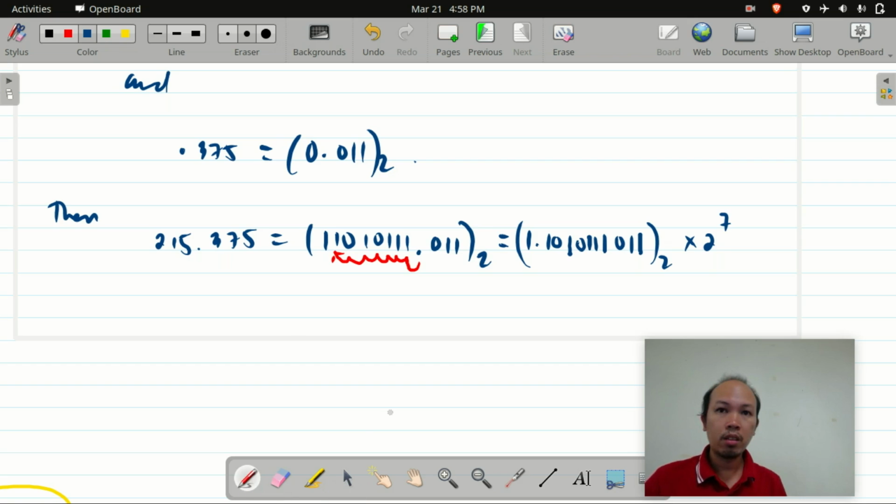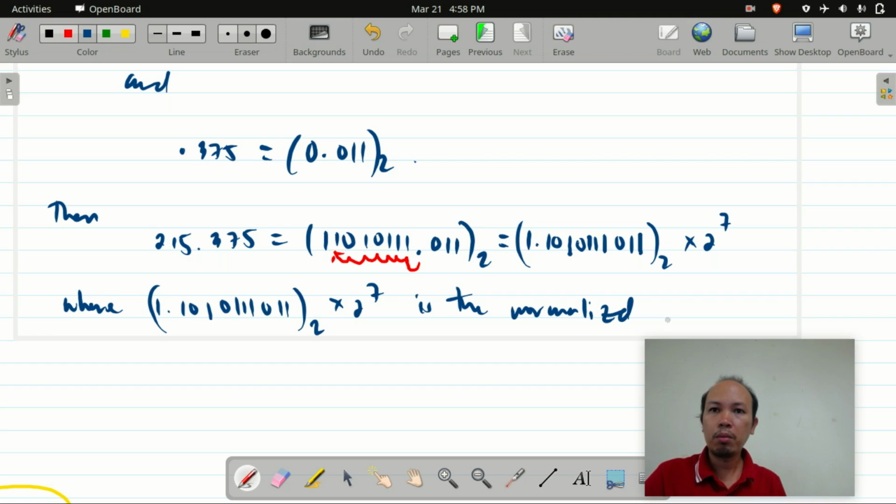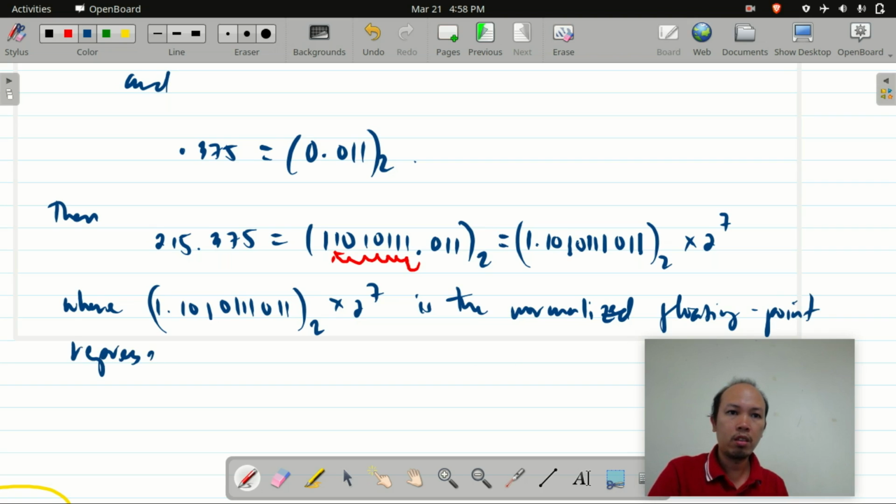Where 1.1011 times 2 to the 7 is the normalized floating point representation of the number.